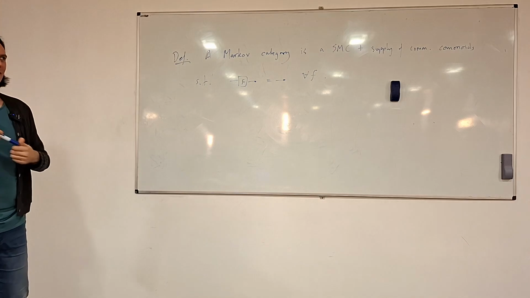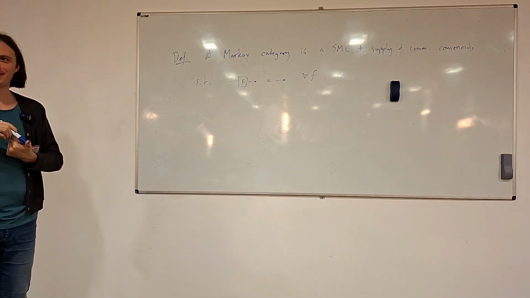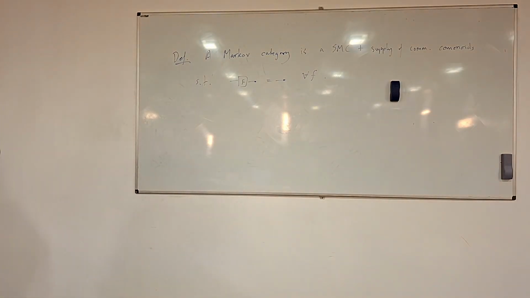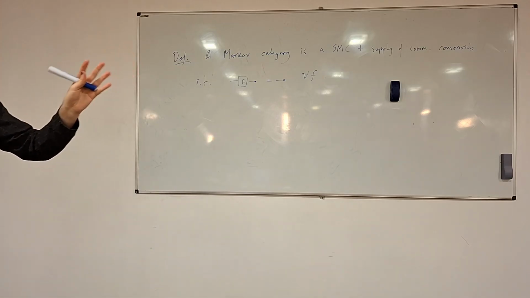There is a probability monad on measure spaces called the Giry monad, and it's very scary, and it gives an example of a Markov category. One of the reasons we do this rather than just talking about probability monads is that there are also very good examples of these things that don't arise as Kleisli categories of monads.